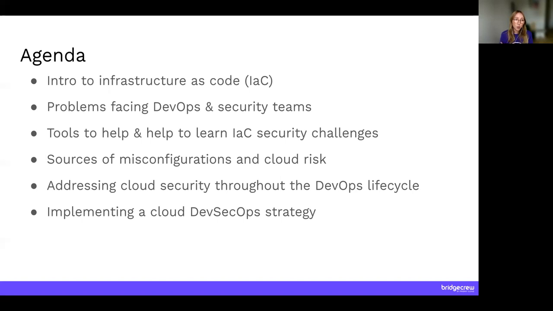Then we're going to look at some of the tools that can help us learn about infrastructure as code and cloud security. Then we'll look at some sources of misconfigurations and cloud risk. We have some interesting research that I'll dig into around open source IaC. And then I'll look at some practical guidance for addressing cloud security throughout the DevOps lifecycle. That's sort of the crux of this conversation.